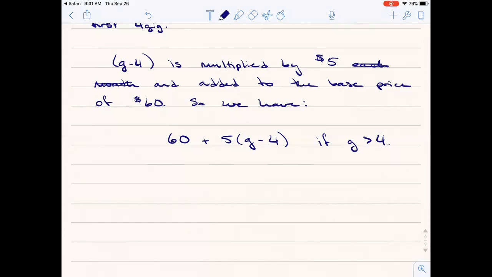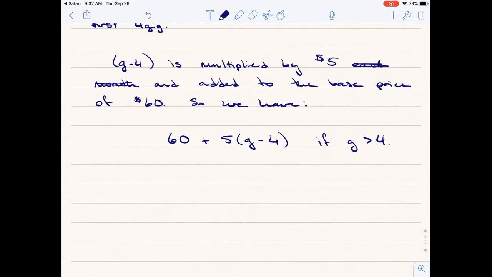This is just the amount, there's no consideration for time. We're assuming we're looking at per month. At the end of the month, you've got a bill that tells you how many gigs you have used.